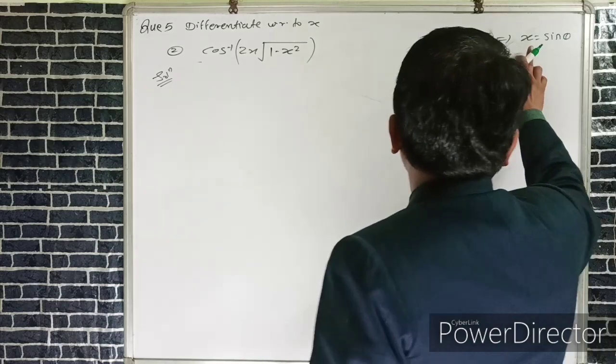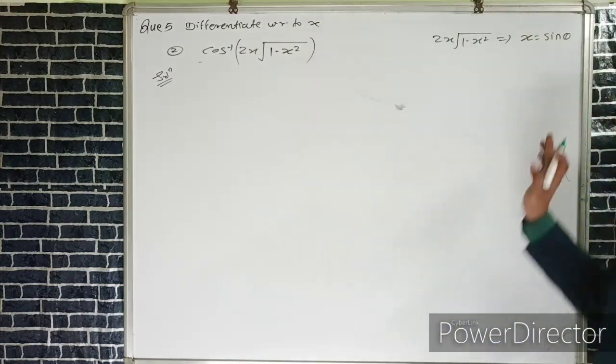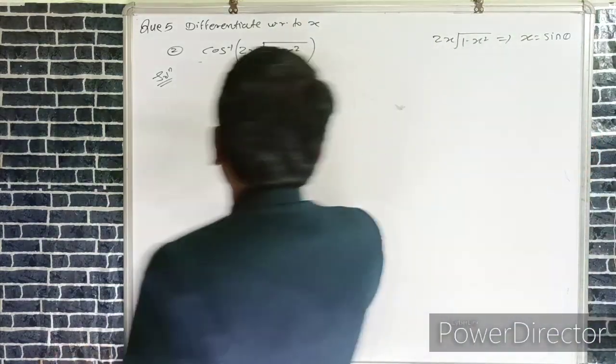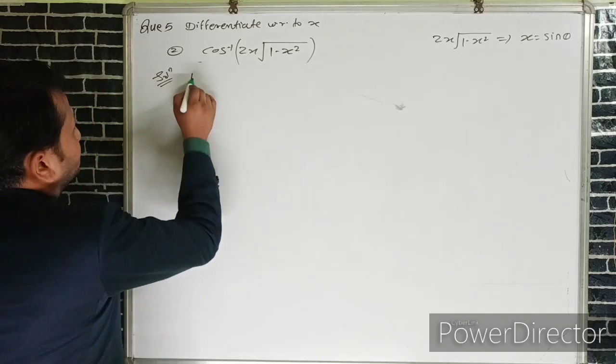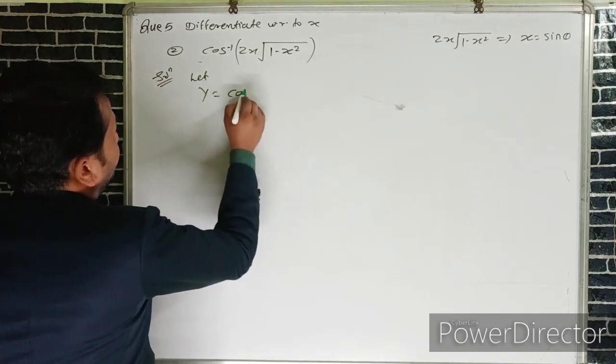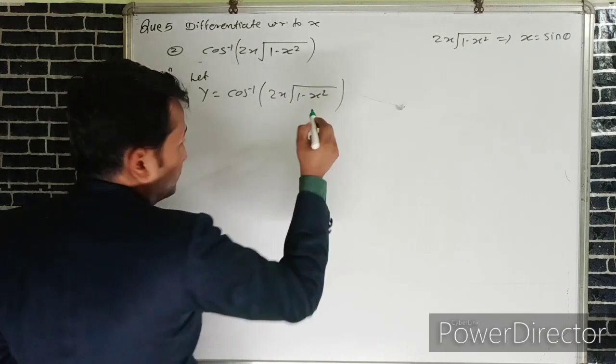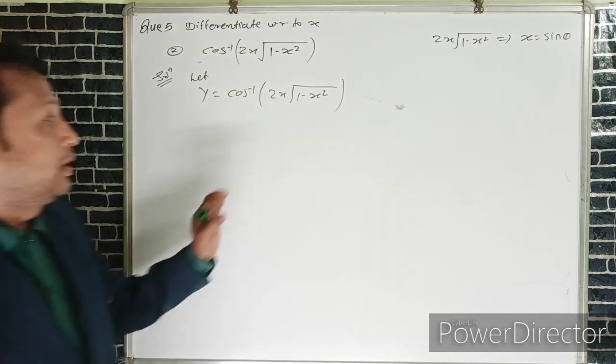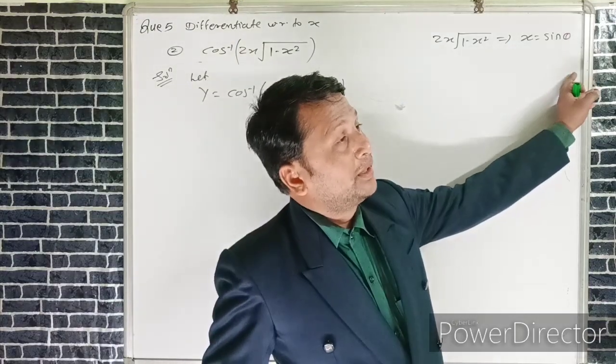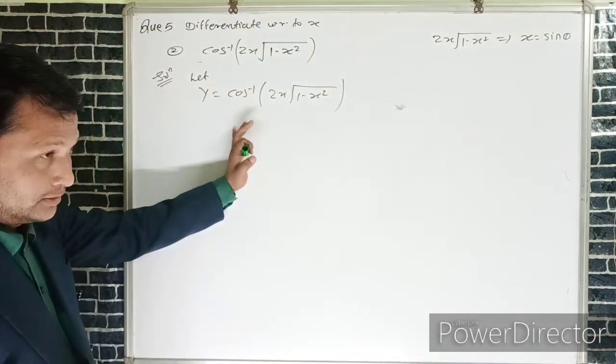First we consider the given function y is equal to cos inverse of 2x under root of 1 minus x square. If we substitute x as sin theta, how can we solve and differentiate this example?